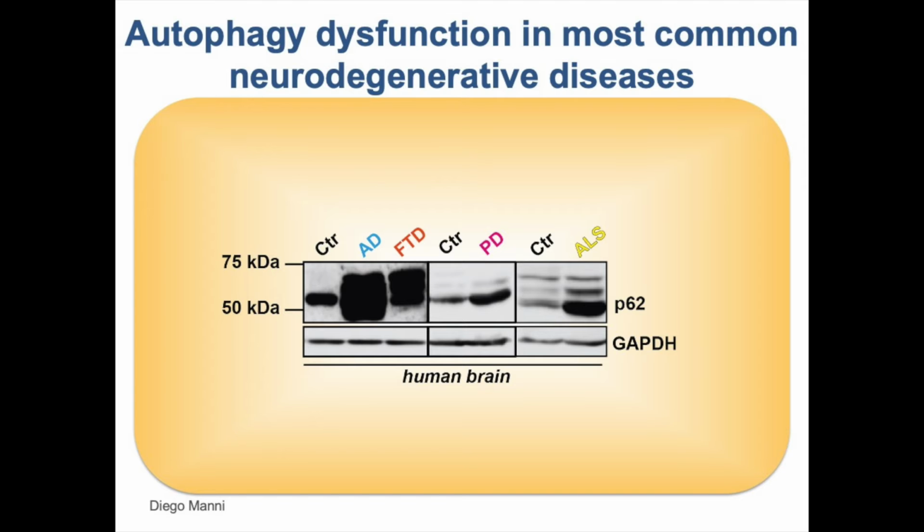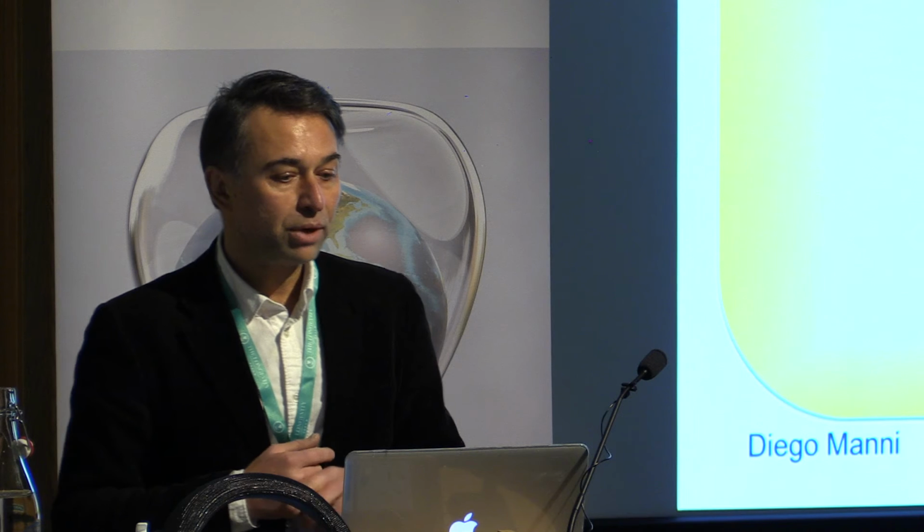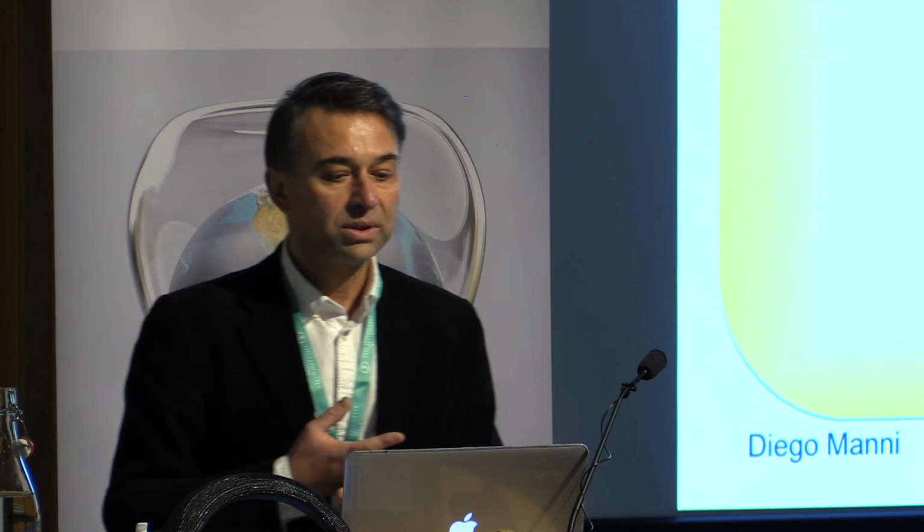This is a range of human brain samples from Newcastle Brain Bank that we simply blotted for p62. You can see this massive accumulation of p62 in essentially any type of neurodegenerative disease in humans, which essentially reflects the lack of autophagy turnover of components.